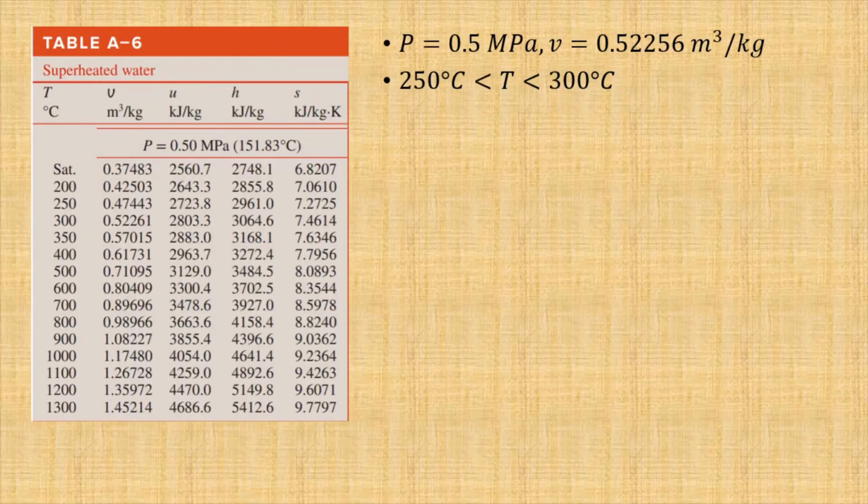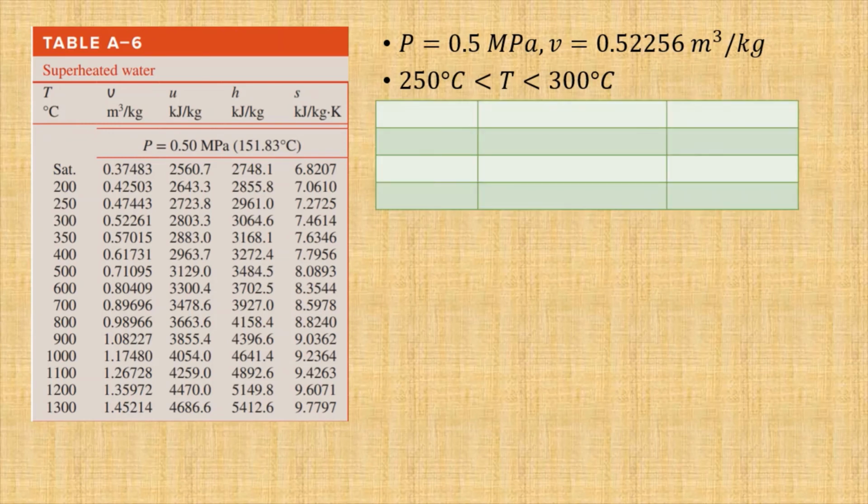We are back at example 4 again, and now we will use the linear interpolation formula to find the unknown temperature. We can organize our known values and unknown values into a small table for easy reference. We have point 1 with a temperature of 250 degrees Celsius and its corresponding specific volume value. We will denote these as T1 and V1.